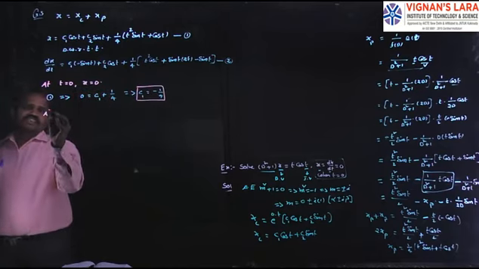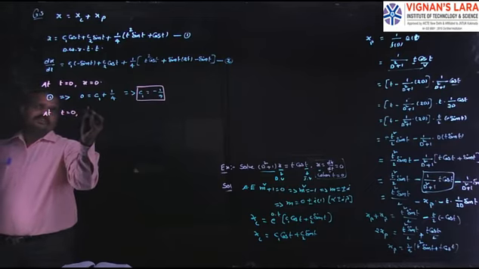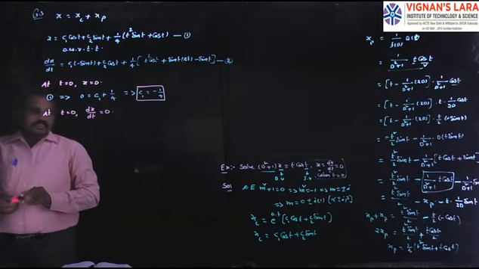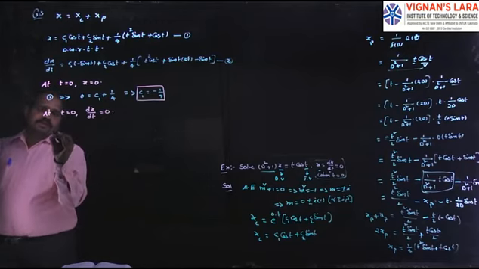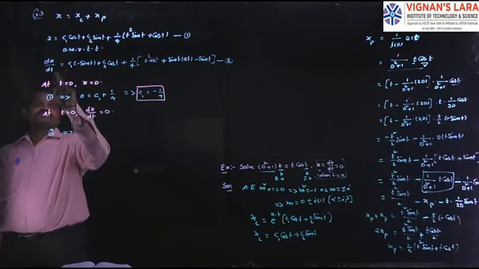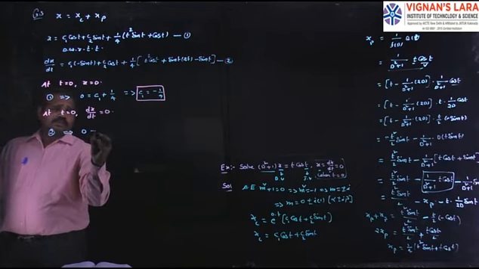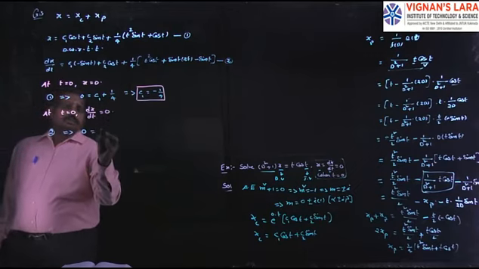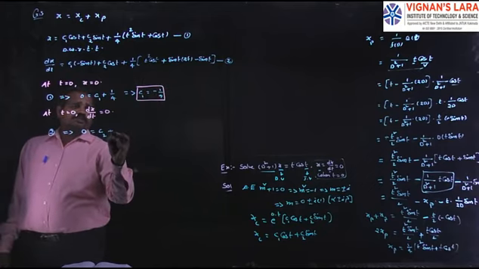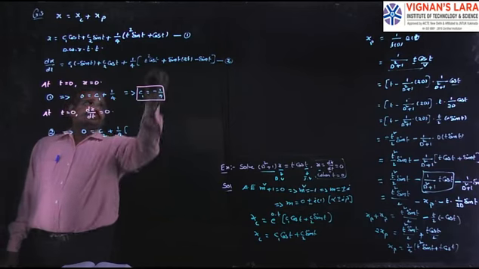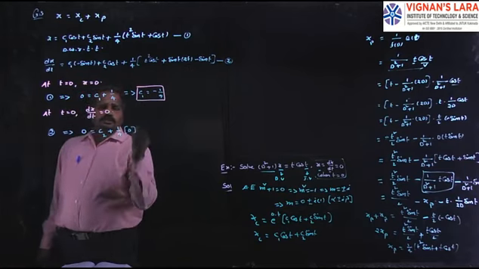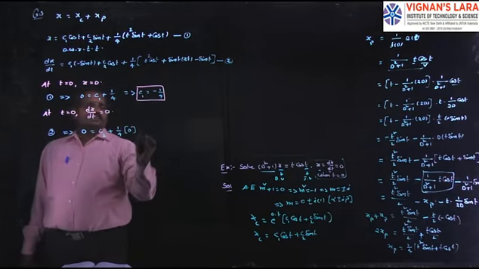What is the second condition? At t is equal to 0, dx by dt is equal to 0. Use this condition in equation number 2. Substitute t as 0, dx by dt as 0 in equation 2. 0 is equal to sin 0 is 0, cos 0 is 1, c2. T value 0, so this value 0 plus 1 by 4 into this one 0, this one 0, this one 0. So all values I got as 0.